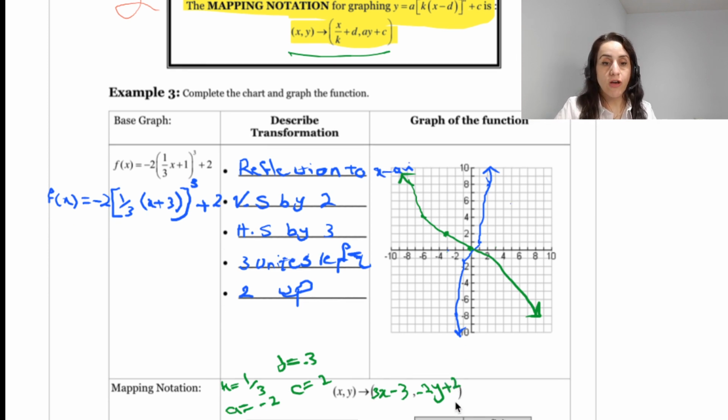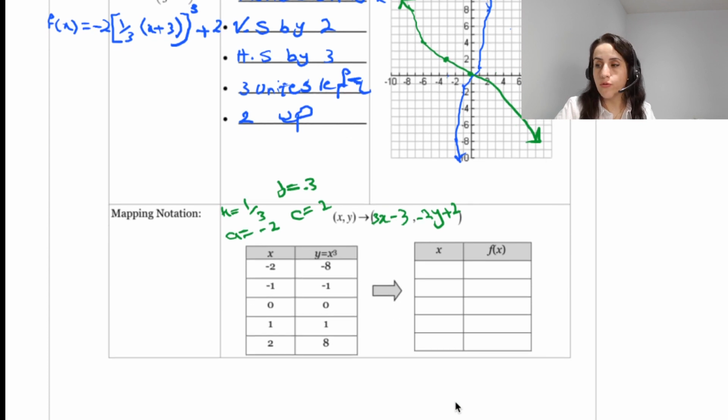Now I can find the actual points for graphing. For x: negative 2 multiplied by 3 is negative 6, minus 3, negative 9. Negative 1 multiplied by 3, negative 3, minus 3, negative 6. For 0, negative 3. For 1 it's 0. And for 2 it's 3.